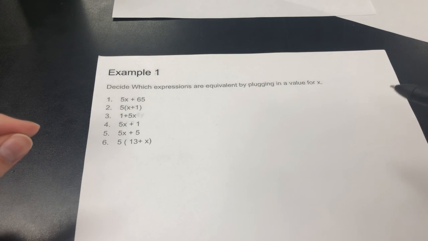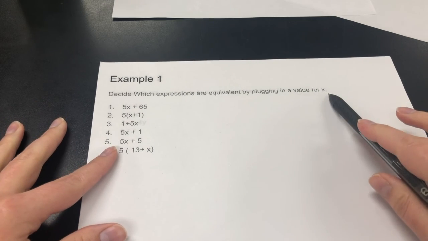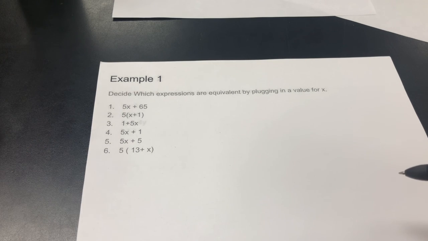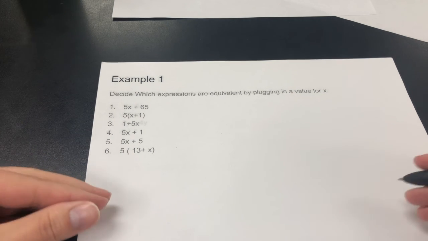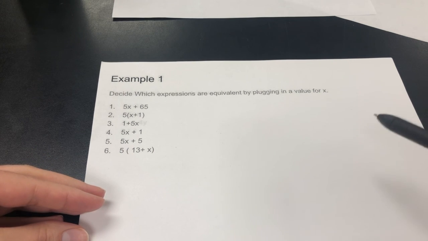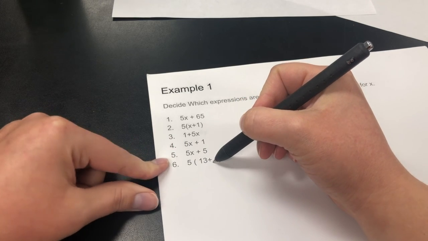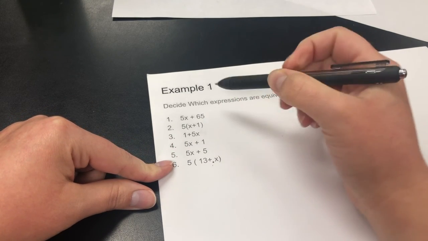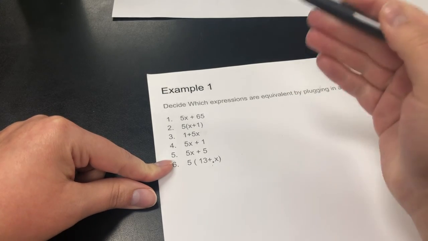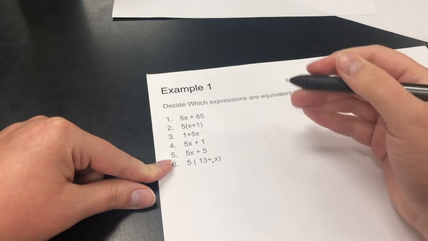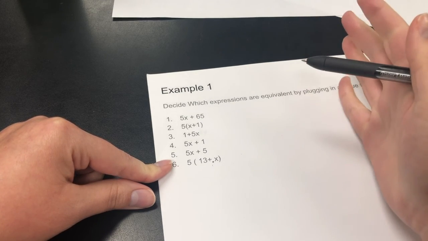Remember that X doesn't tell me what it is, but remember we looked at X equals 1, X equals 2. X can equal anything. So I'm going to make this easy and say, okay, I'm going to make that X represent 1. So for each of these expressions, because they all have X, I'm going to plug in 1 for X, and I'm going to solve, or evaluate, those expressions so that I can see what their solution is.